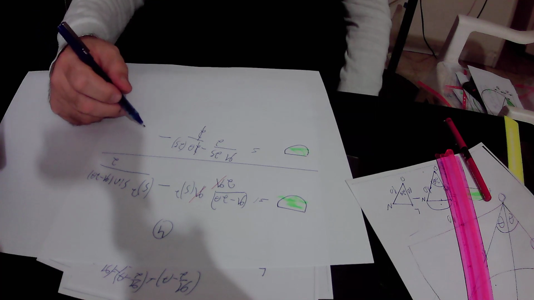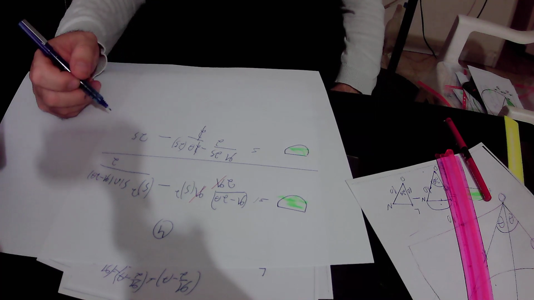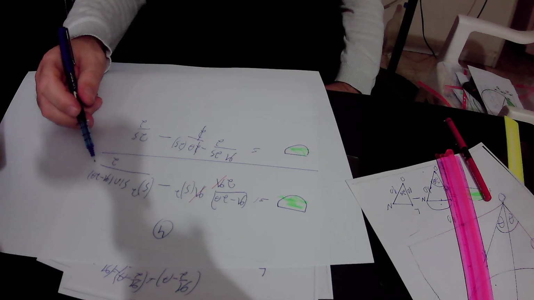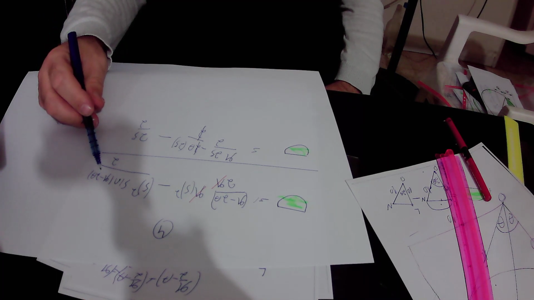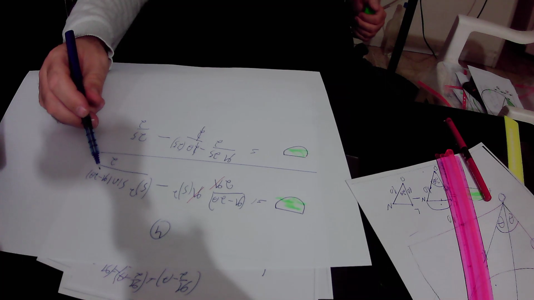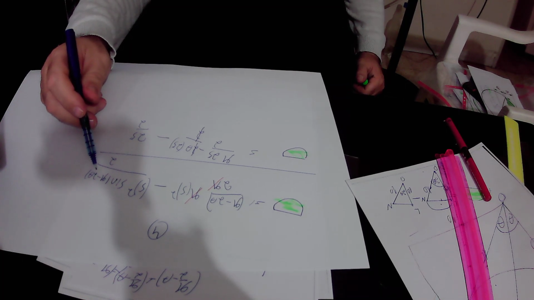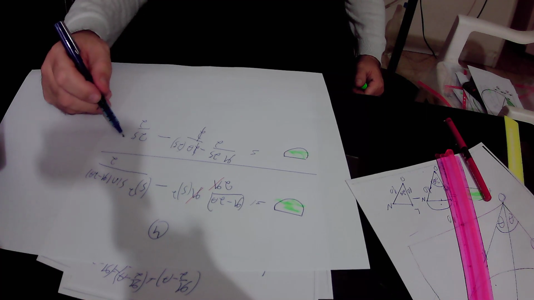Minus 25 over 2 times sine of pi minus 2 theta. According to the trigonometric identity, sine of pi minus 2 theta equals sine of 2 theta.